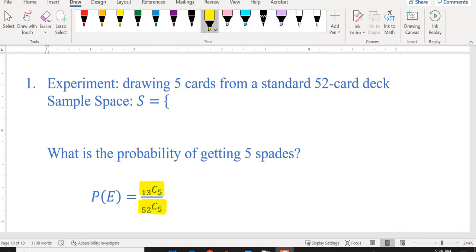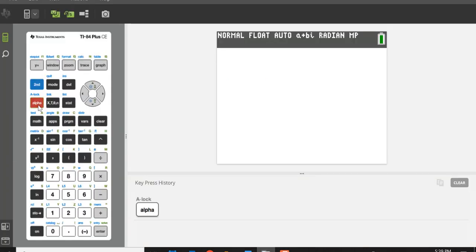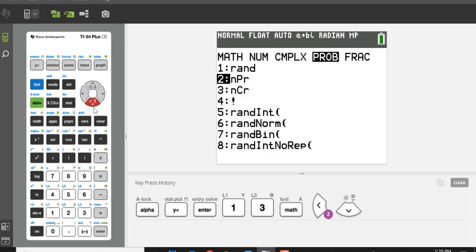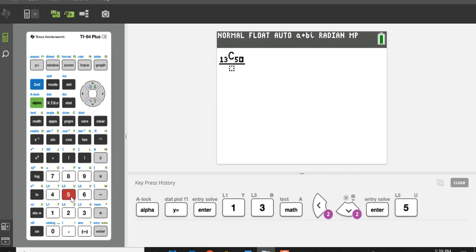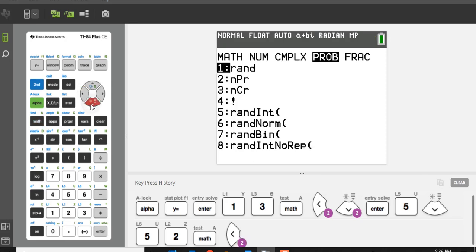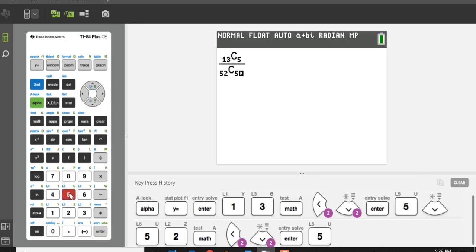Saying that one more time. The probability of getting 5 spades is equal to the number of ways of getting 5 spades, which is a combination of 13, pick 5, over the number of ways to pick 5 cards. And there's 52 cards, we need to pick 5. So we're going to do 13 combination pick 5 over 52 pick 5.